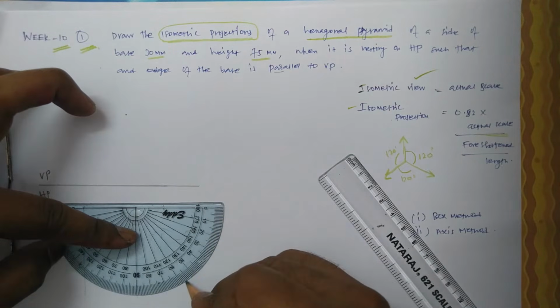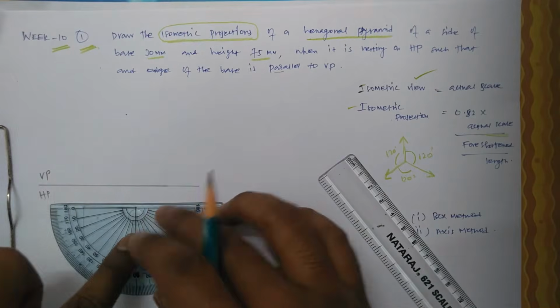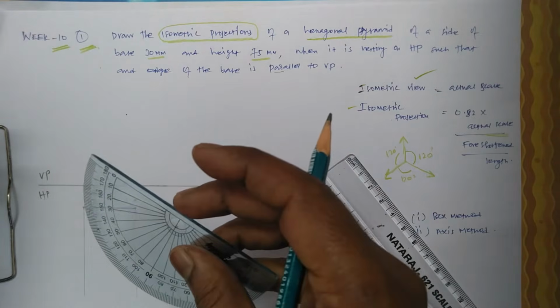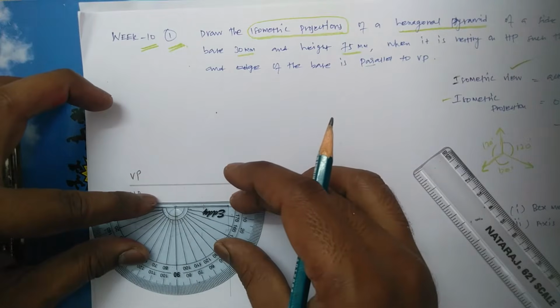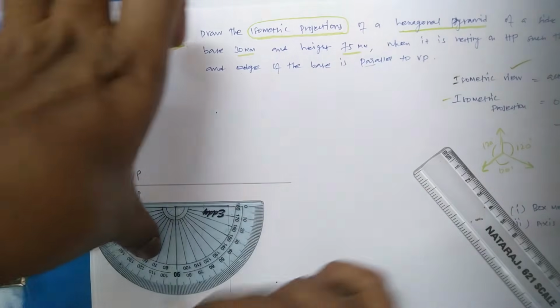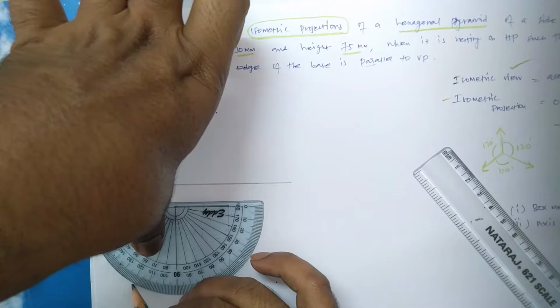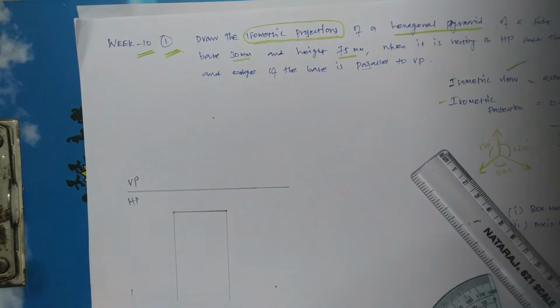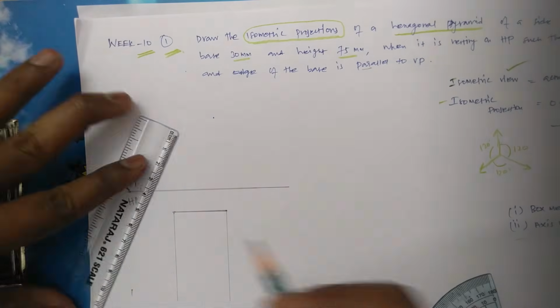From here 60. I don't have space. From here 60. I'm making two lines with respect to this.